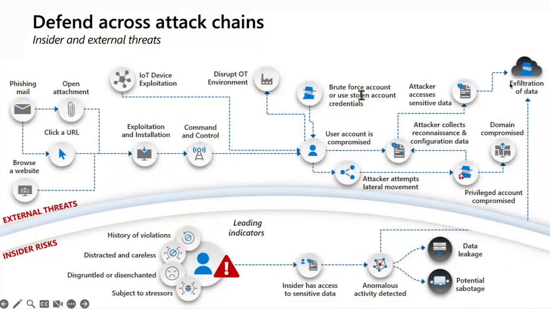Maybe attackers are trying to attack the system from inside the organization where the domain is being compromised, or sending exploitations to IoT devices, disturbing the OT environment. We can see different kinds of attack patterns, like a brute force attack where the user is directly targeted by the attacker. So what different kinds of solutions do we have for these situations in cloud? If we are facing these kinds of challenges towards the cloud tenant.